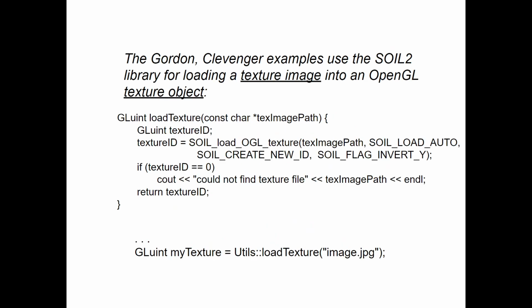Now, if you're using the textbook or you've found last semester's textbook, the Gordon Clevenger examples use the SOIL2 library for loading a texture image into an OpenGL texture object. If you are using SOIL, the nice thing is it has built in this capability to say, load in the texture as if it was going to be used for OpenGL, and off you go.